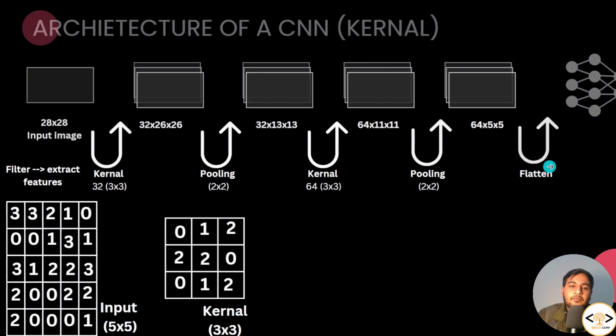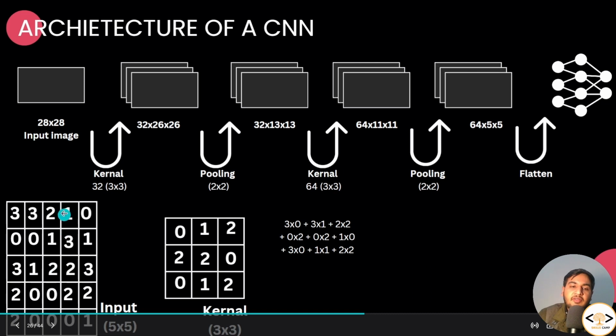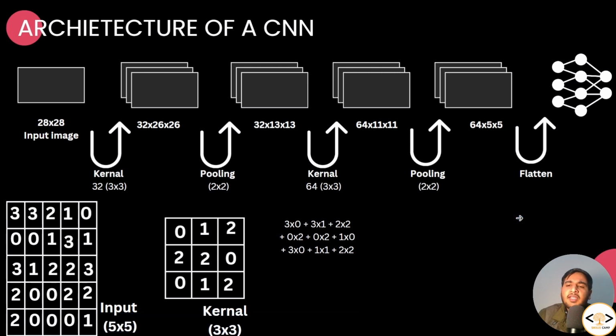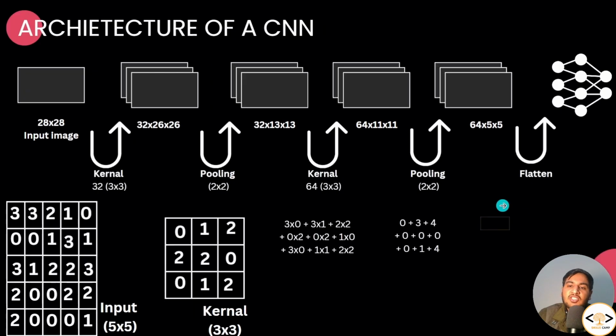Starting with that, if we have that kind of image, we are going to select the first 3 by 3 matrix from the 5 by 5 matrix and multiply that with the kernel. In the multiplication, we multiply the matching elements on the basis of their indices and do their summation as well.